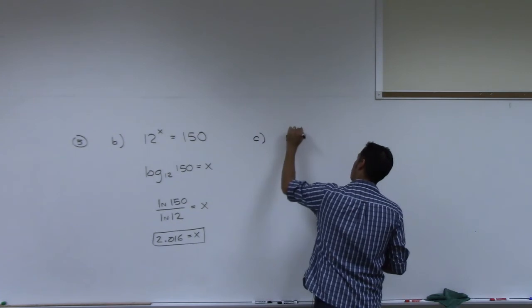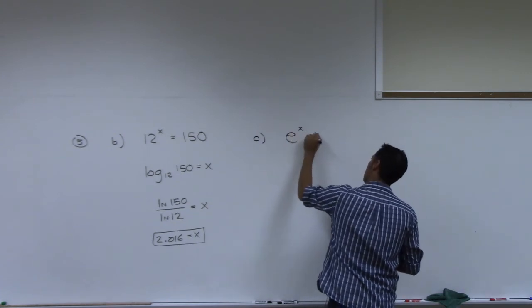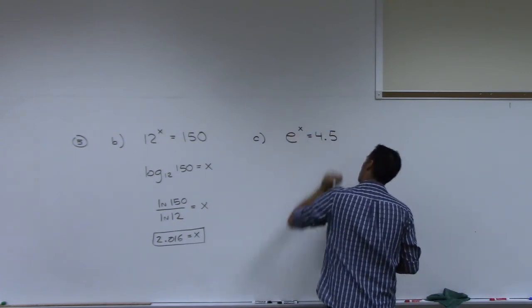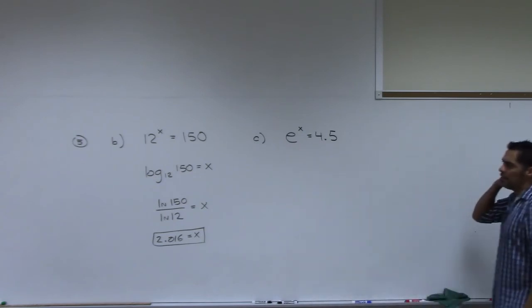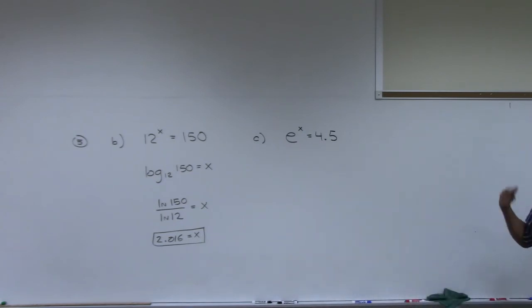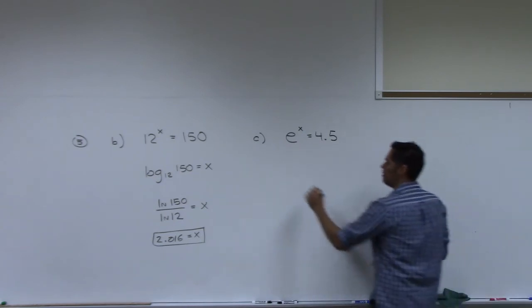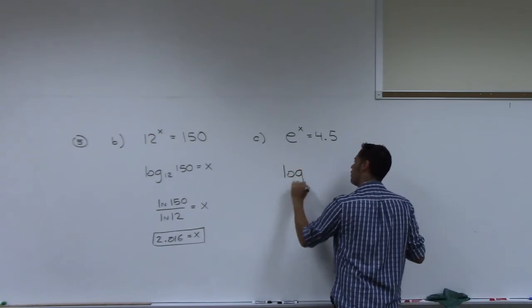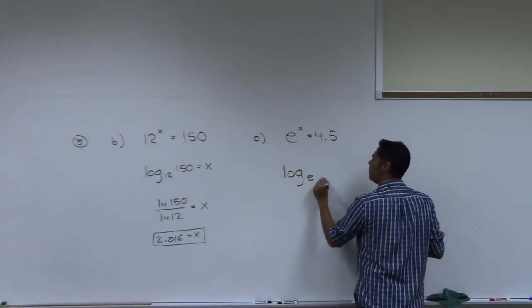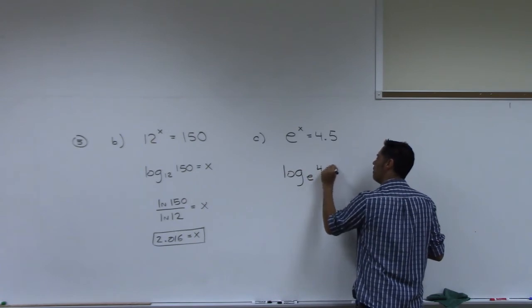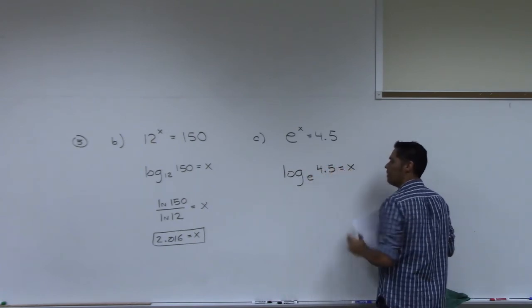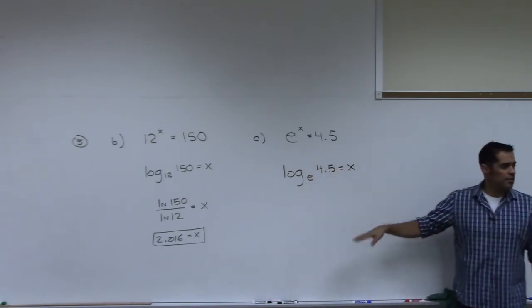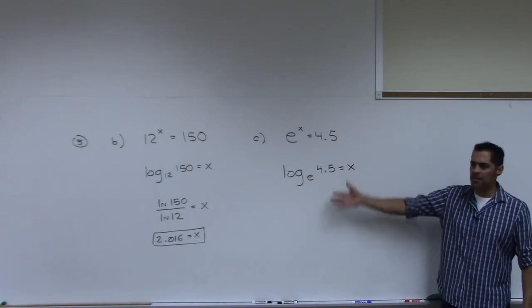e to the x equals 4.5. All right, if I rewrite this using logarithmic form, it's going to be log base what? e of what? 4.5 equals x. Now, you can use the change of base formula again, same thing we've been doing.